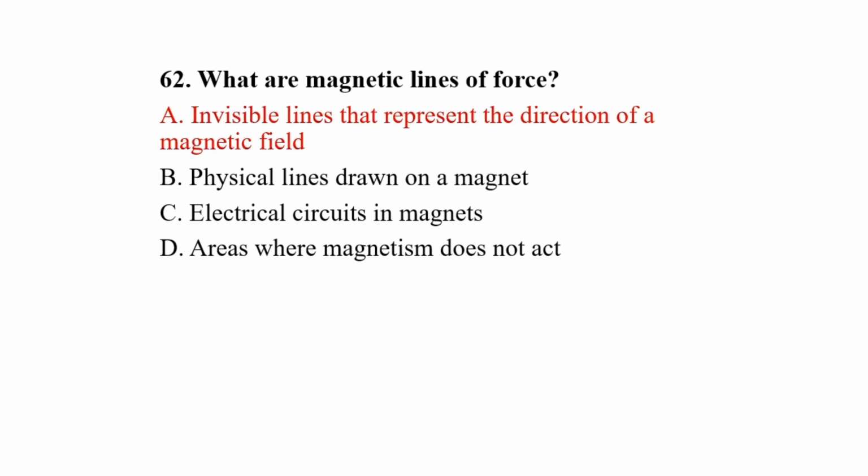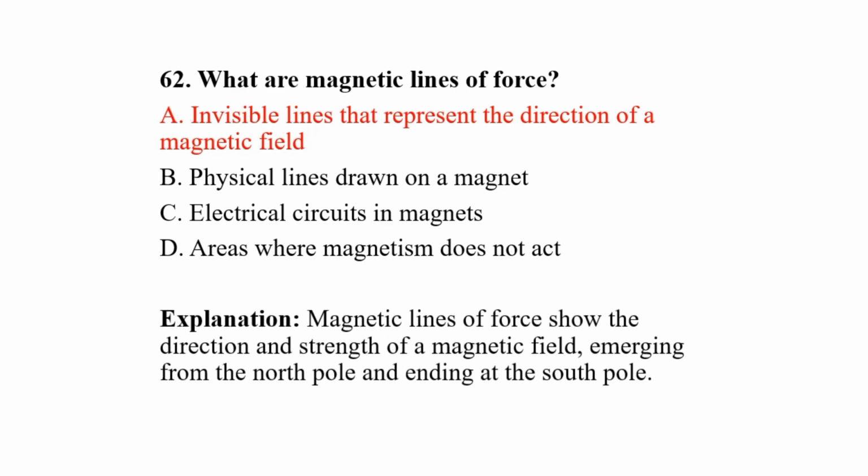The answer is invisible lines that represent the direction of a magnetic field. Magnetic lines of force show the direction and strength of a magnetic field, emerging from the north pole and ending at the south pole.